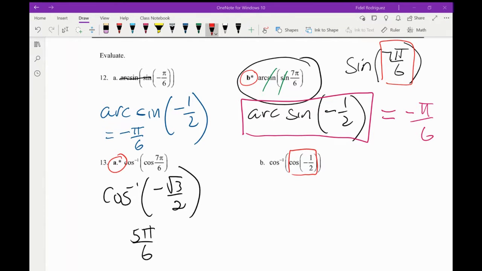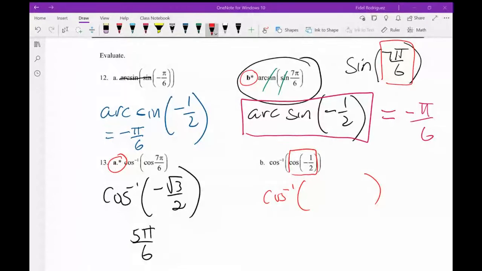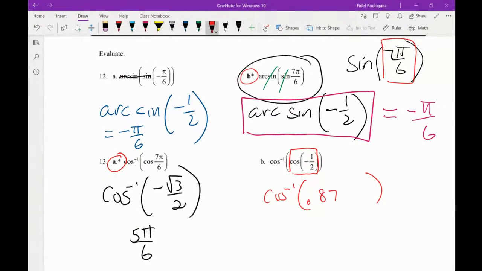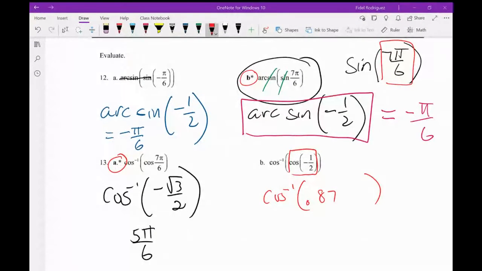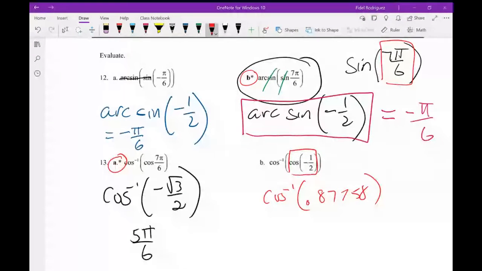Yeah, we're in radians. So let's first find the cosine of negative 1/2. Okay, that gives 0.87758 and a whole bunch of other digits, right?